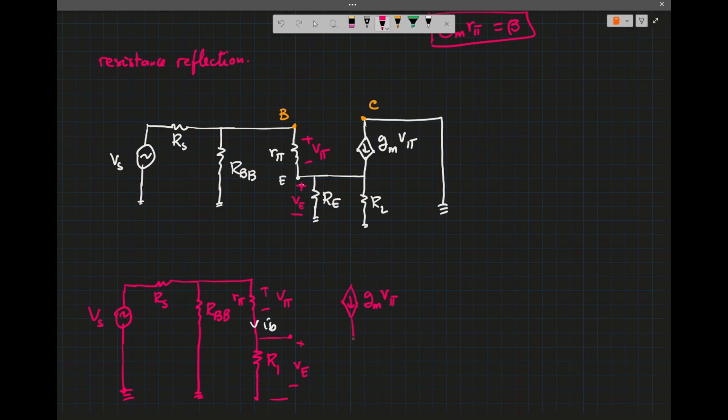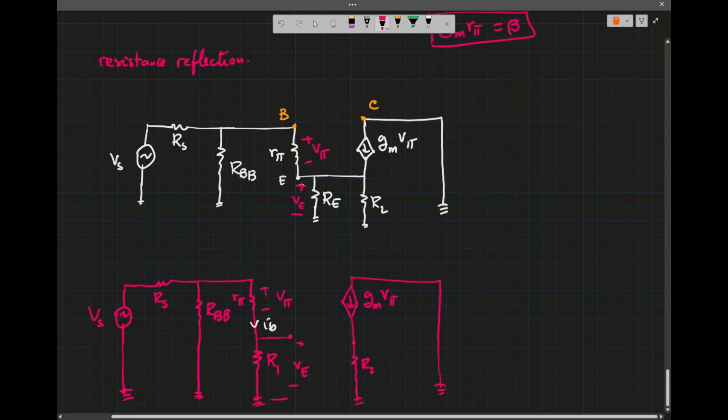now I'm going to connect to, let's say, R2, which is grounded. The voltage is still the emitter's, so the voltage here is still VE.